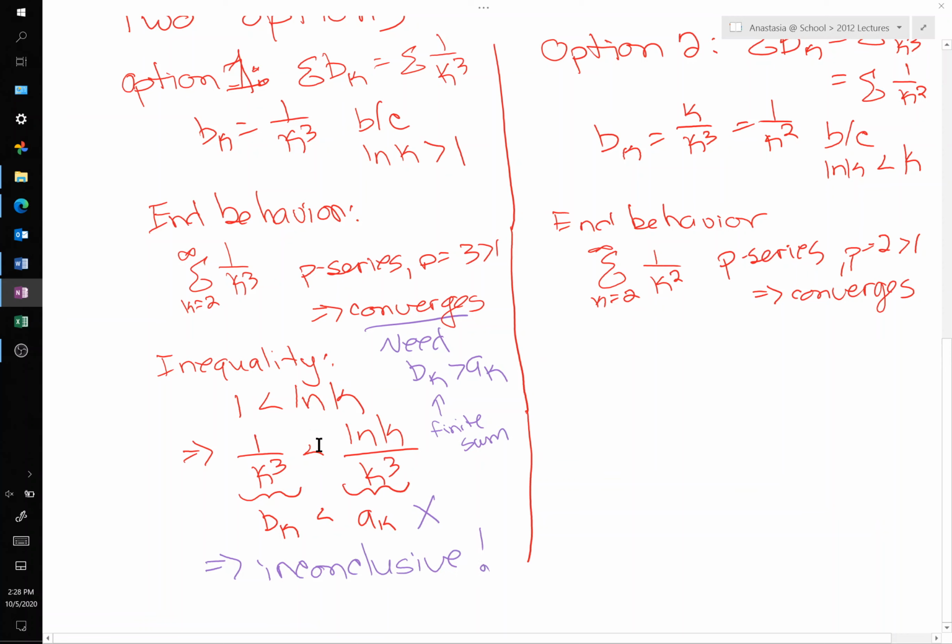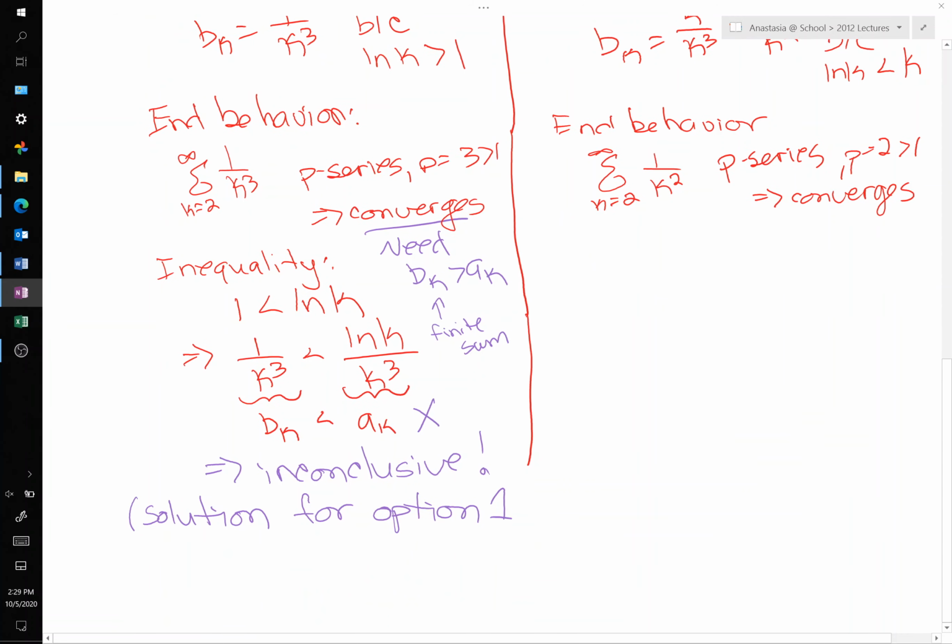So if you had only worked through option 1 and gotten to here at the end, and you would have gotten something inconclusive, then essentially this work that you've done here means nothing because you weren't able to conclude anything. Okay, so just a note then, this solution for option 1 gives nothing useful anyways.